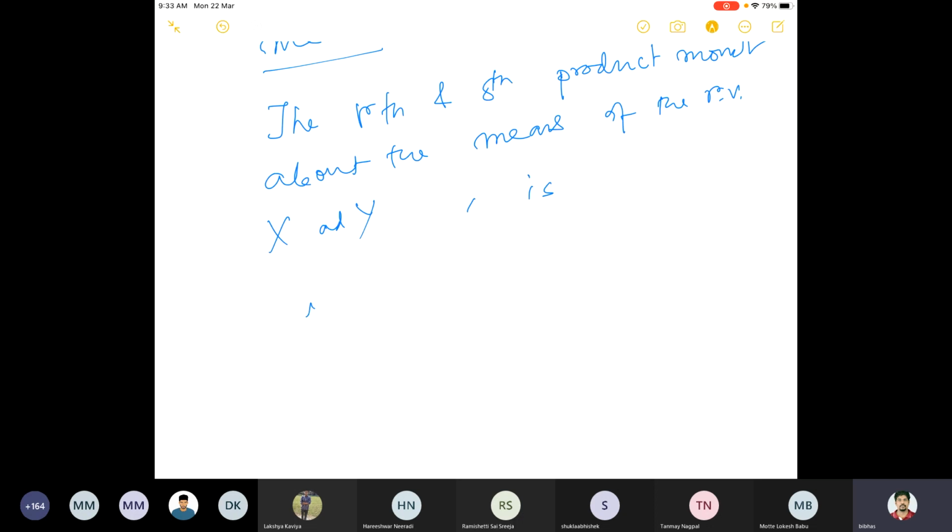We'll write it without a dash, so mu r comma s. And this is the same thing, the expectation of x minus mu x, because for the case of a single random variable it was just this to the power r. Now I have to take a product, y minus mu y to the power s.